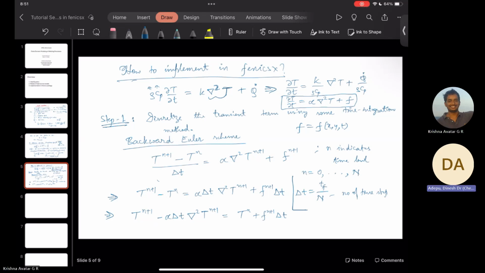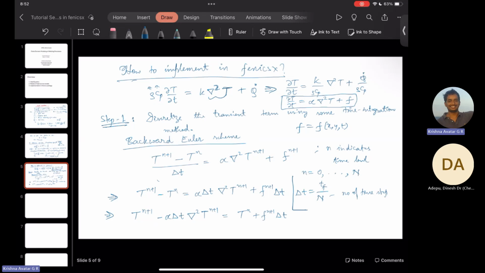It could be a linear function of temperature, but not higher orders of T. We don't want Q to depend on the temperature. Q is just some heat flow coming in. We don't want to put Q based on the temperature there. Just Q is Q. So that's what we are looking at.